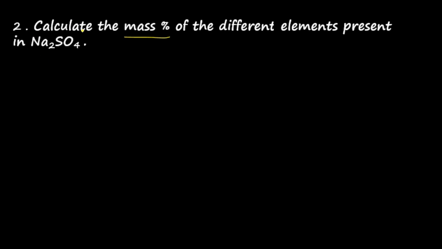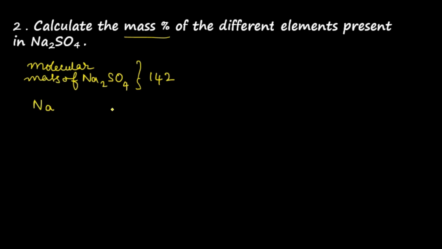How do we approach this problem? We will first calculate the molecular mass of sodium sulfate. You already know the technique to calculate molecular mass of any substance. We have done the same thing in the first question, so we will just carry it over here. Molecular mass of sodium sulfate is equal to 142. That means if we take 142 grams of sodium sulfate, the amount of sodium present in it will be 46.